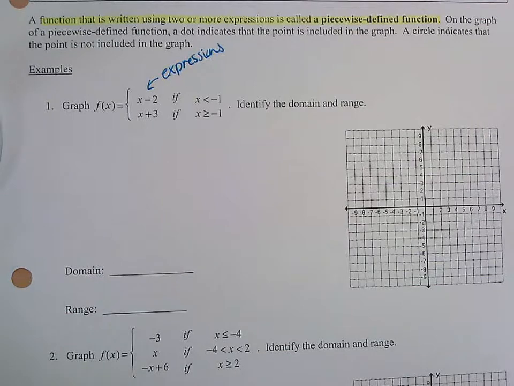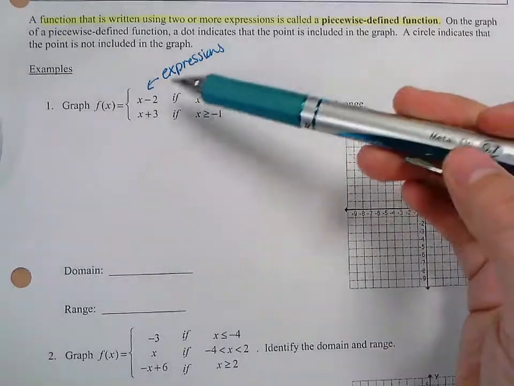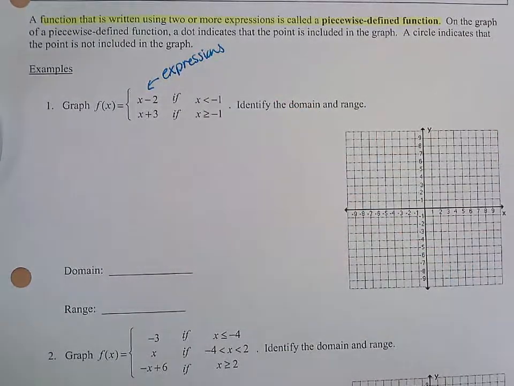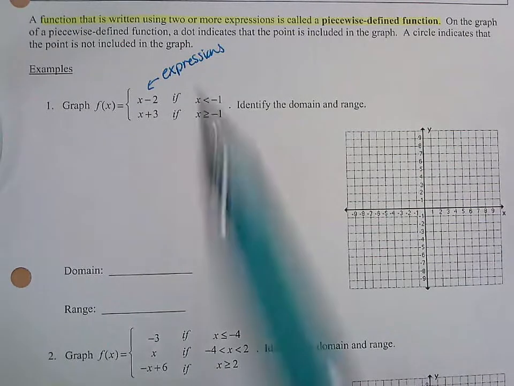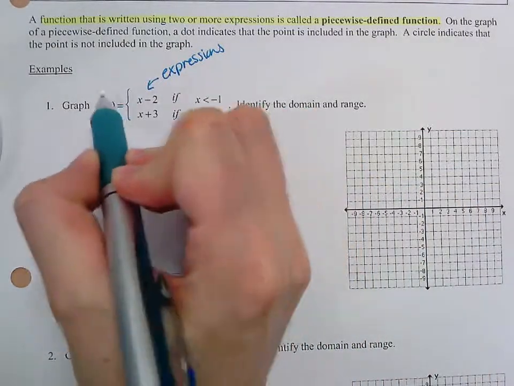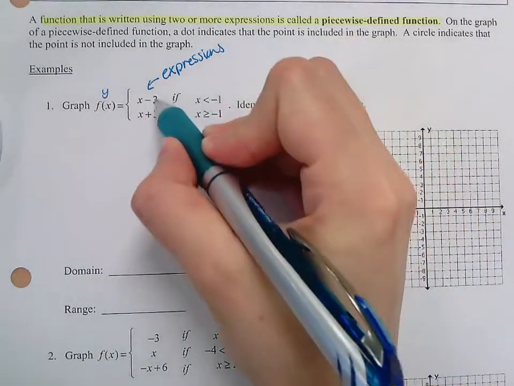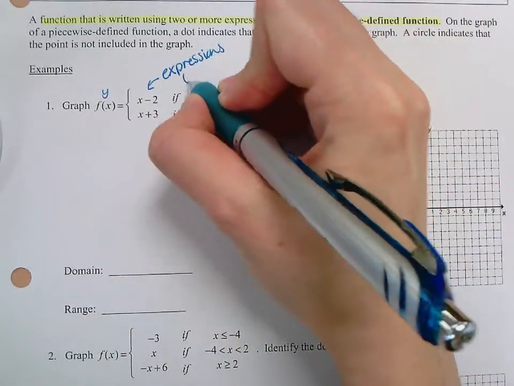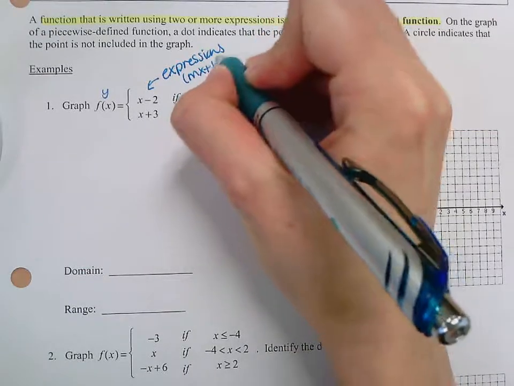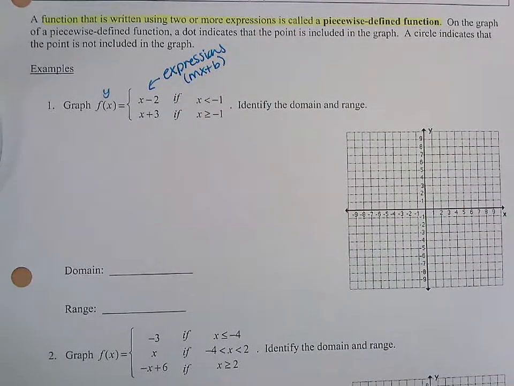You can have a piecewise defined function where there's non-linear expressions in there, but we're not doing that, since this chapter is focused on linear functions. And remember the f of x, that is like your y. So that's your y equals. And then these will all be in the form of mx plus b. So you'll see a slope and a y-intercept.